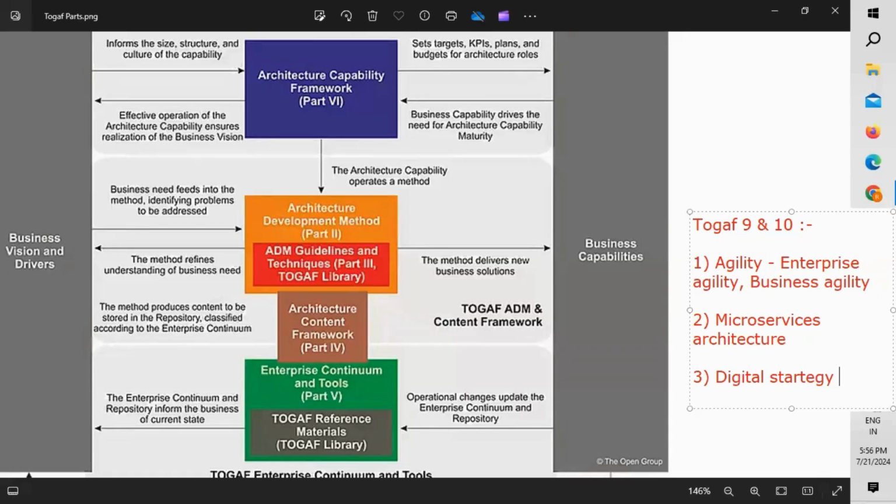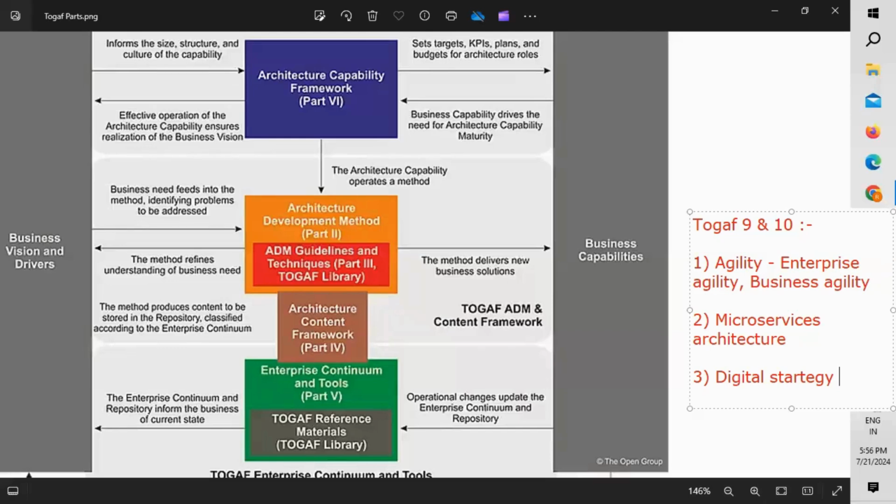So these are the three major changes you see when comparing 9 and 10. One is about agility, enterprise agility and business agility, which you don't see in 9. Point number two, detailing and discussing more about the microservices architecture, because TOGAF is part of enterprise architecture. When you are implementing enterprise architecture, TOGAF is one framework we use to build, construct, design and maintain it. That's why understanding microservices architecture is added.